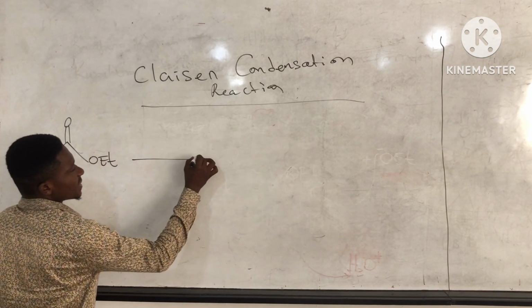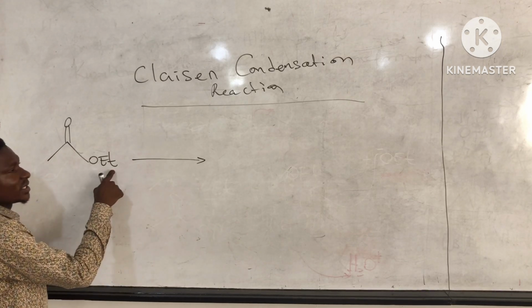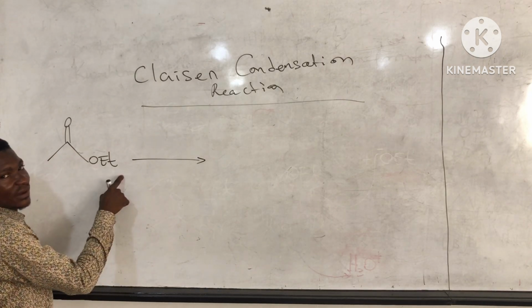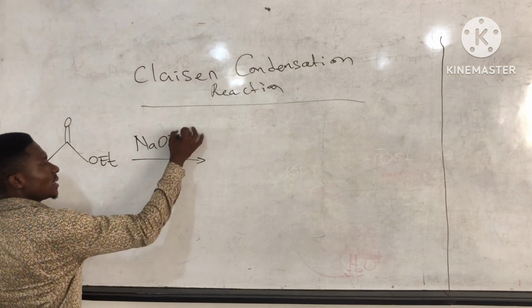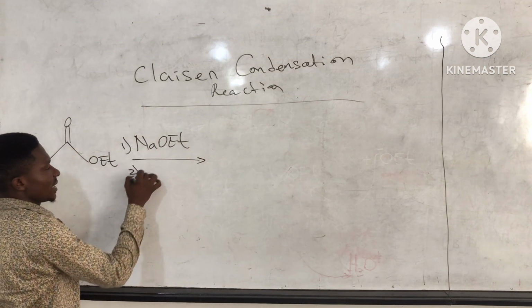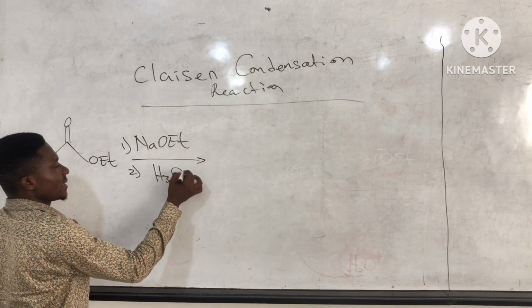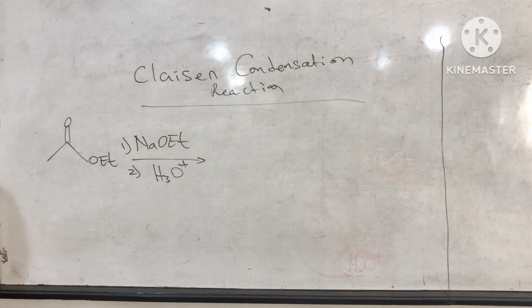As I said, you need to use an equivalent base. Because I have ethoxide here, I'll end up using sodium ethanate. This is my first condition, and the second one is that it has to occur in the presence of an acid, aqueous acid.